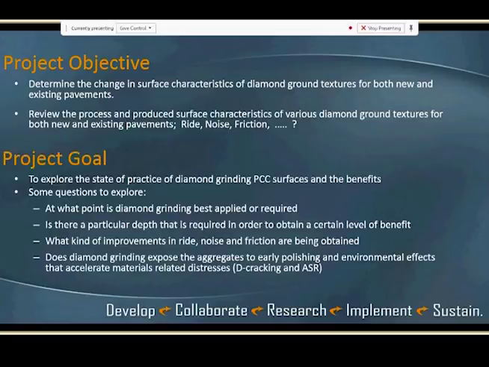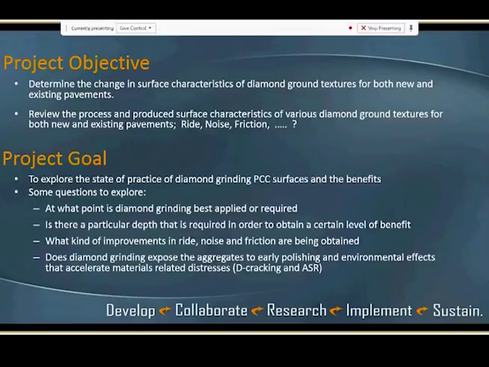Is there a particular depth that we're seeing the best performance out of? In other words, do you have to take 1/8 inch, 1/4 inch, 1/2 inch off? What are we getting the best results out of? And then what kind of results are we getting, based on the type, the depth, and the initial condition?